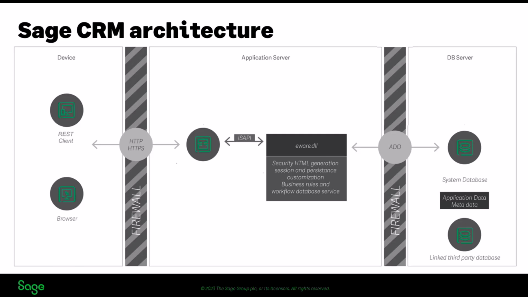Now, the EWARE-DLL is responsible for receiving the request, directly from the browser, and turning that request into what we understand as the CRM interface. So for the request, there will be a response which generates the interface, or, if you've attempted to log on and you've provided the wrong credentials, it will generate the appropriate error response.